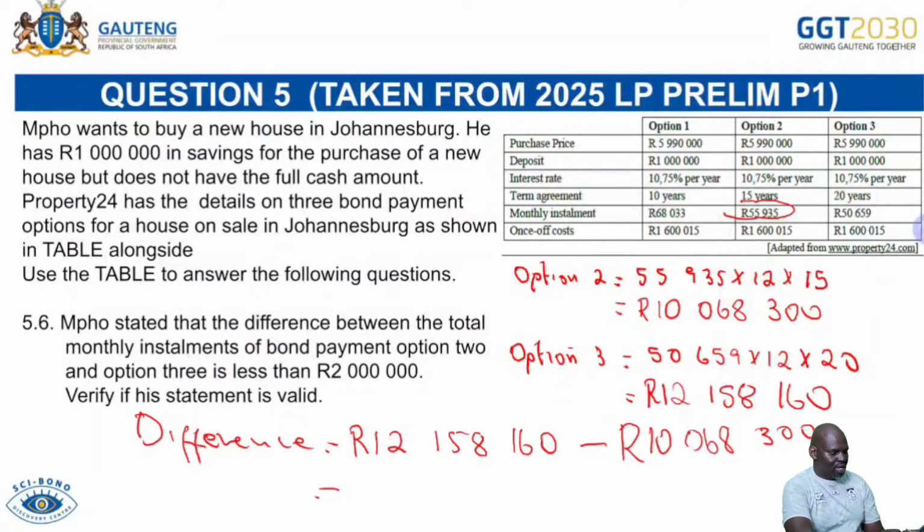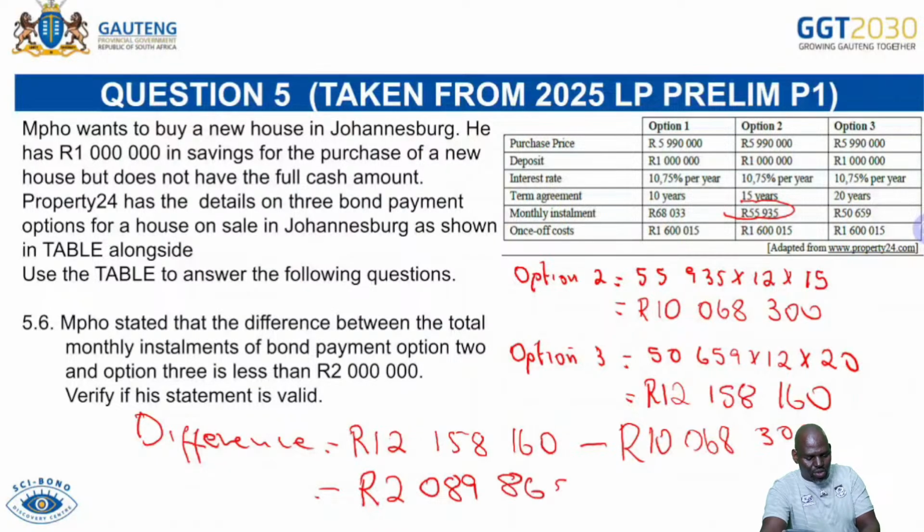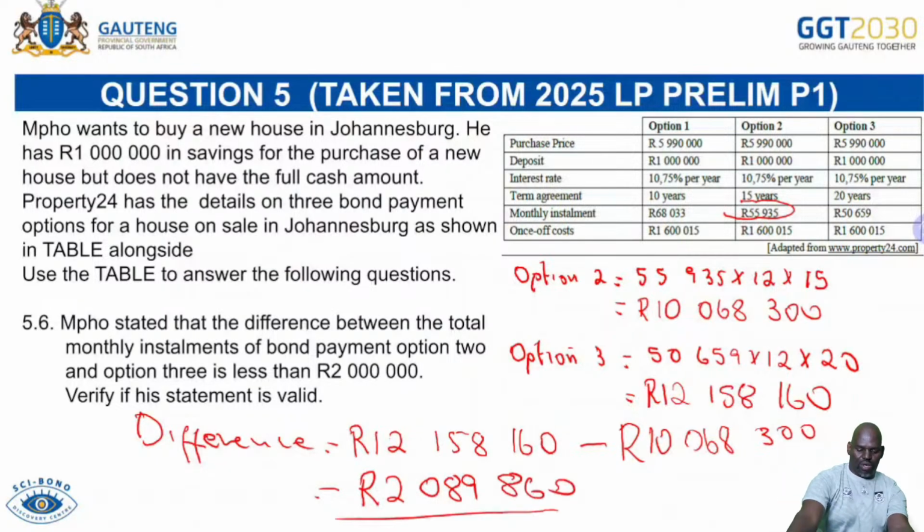So 12,158,160 minus 10,068,300, and then I get 2,089,860.